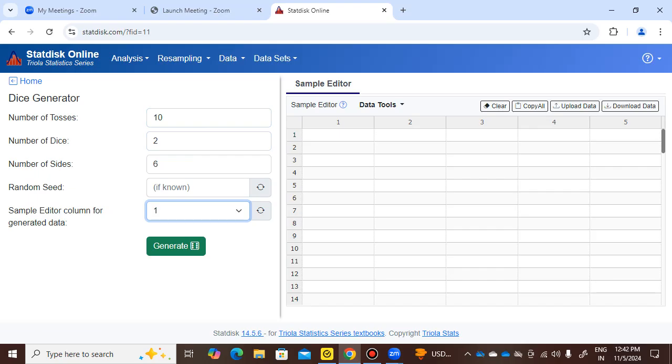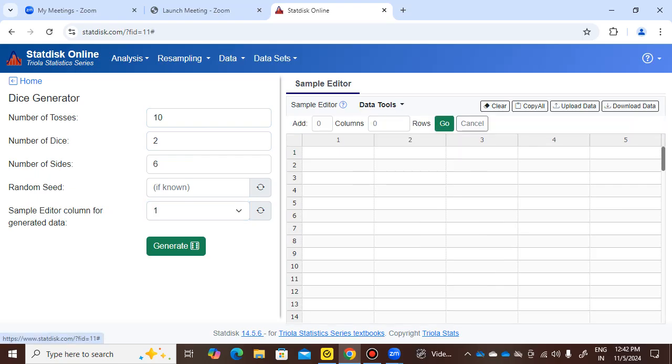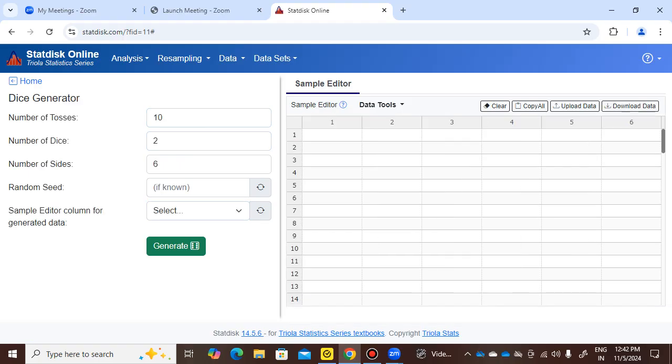I'm going to add a column here as well. Then I'll do the generations first, and then we'll look at the values. So first for 10, generate this in column 1. Then we'll do 50, generating this into column 2.